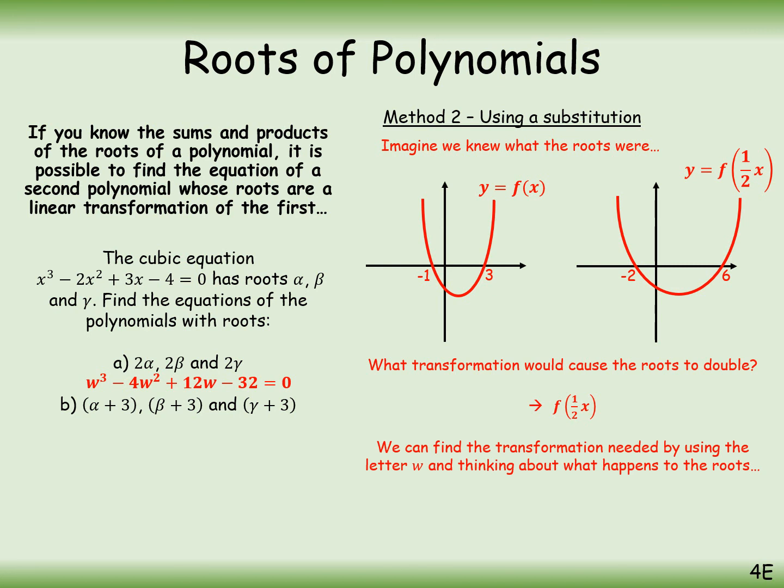We can find the transformation needed by using the letter w and thinking about what happens to the roots. So if we let w equal 2x and divide by 2, x is equal to w over 2. So in the original equation, you need to replace x with w over 2.